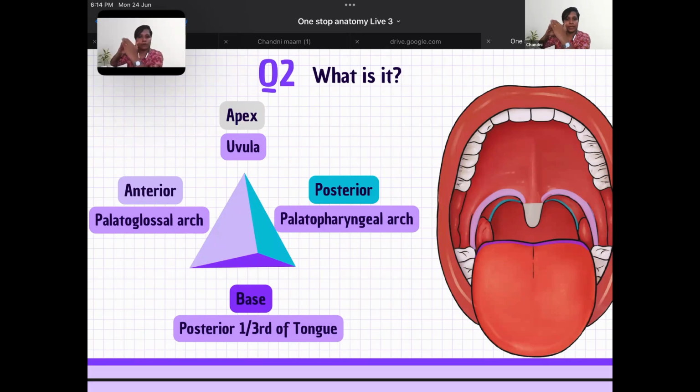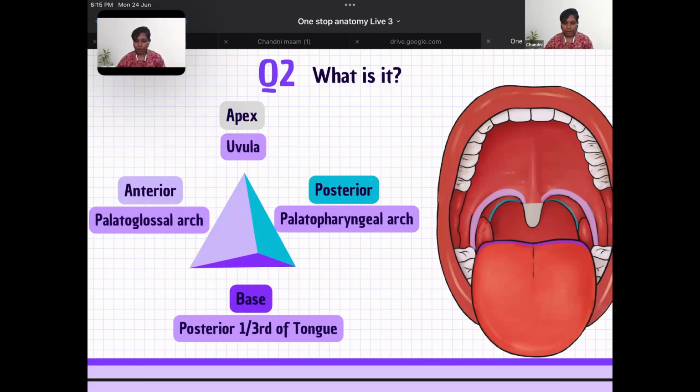It's actually a fold of mucous membrane, and the muscle inside that fold is the palatoglossal, one of the muscles of the palate, going from the soft palate to glossus, which means tongue.